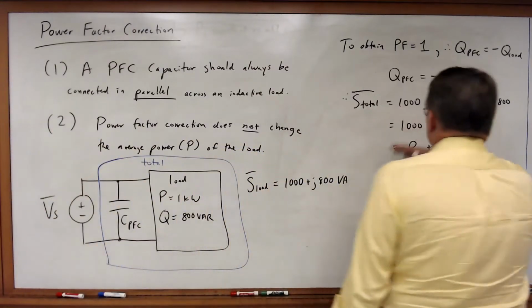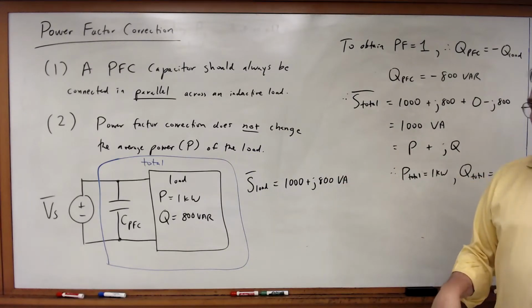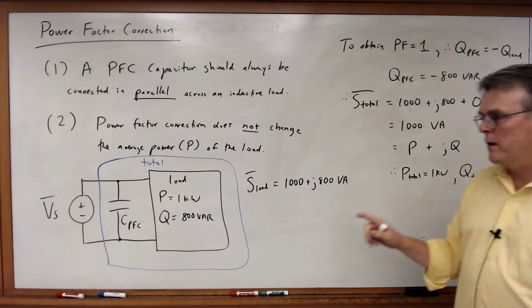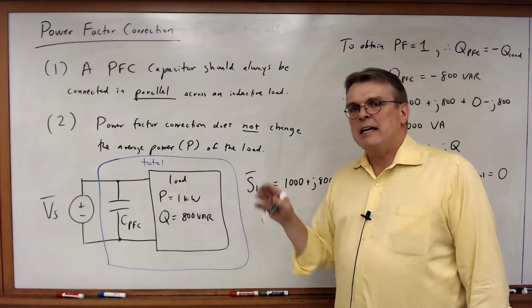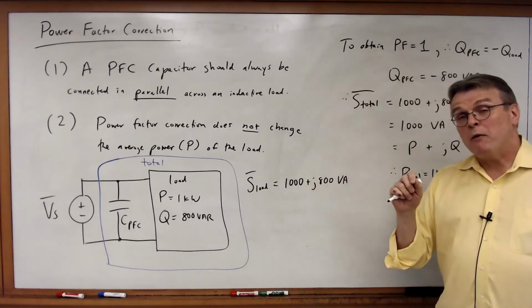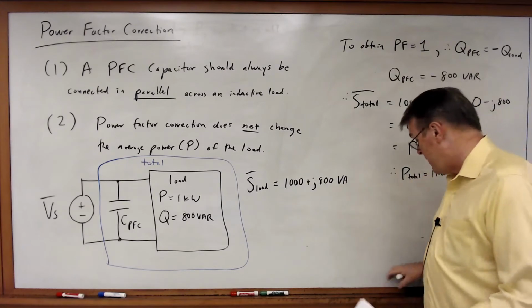Now let's work an example where we're going to plug in some different numbers. We're going to look at a case where we completely cancel the reactive power, but we'll also look at a case where we only partially cancel the reactive power. Let's look at that.